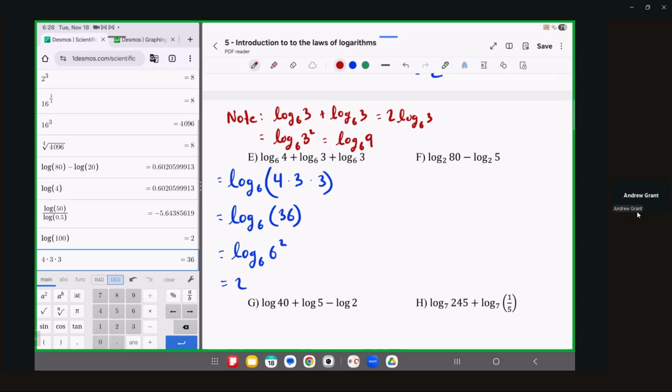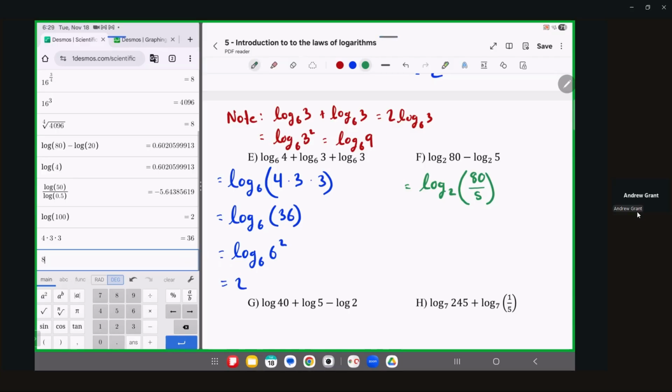And we can continue. Okay. What about log base 2 of 80 minus log base 2 of 5? Well, that's a quotient. So we keep the log base 2, we divide the arguments. So that'll be 80 divided by 5. Oh, not 4, that's 2. 80 divided by 5 is 16.